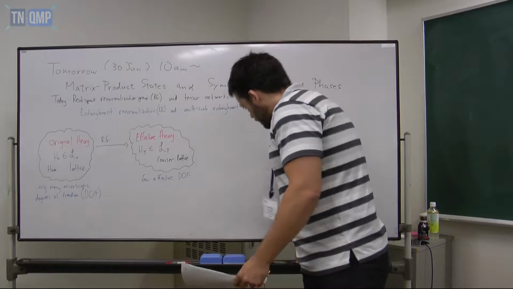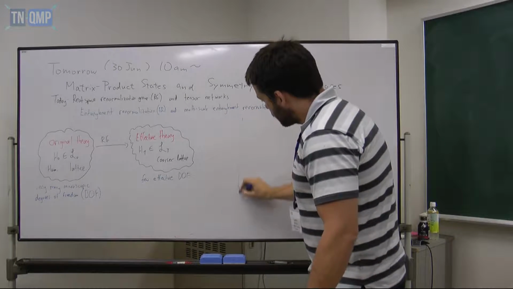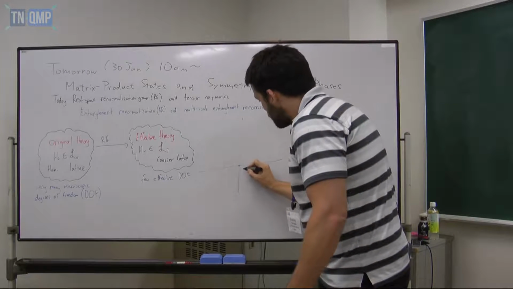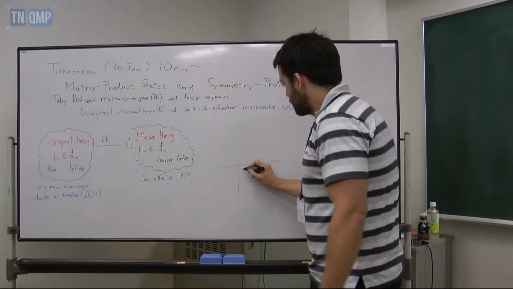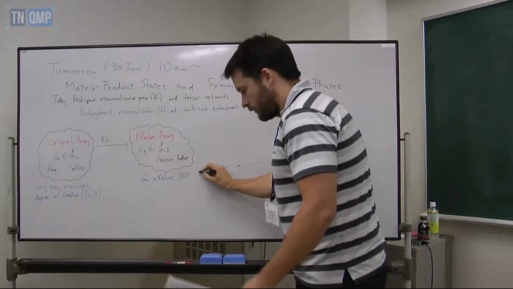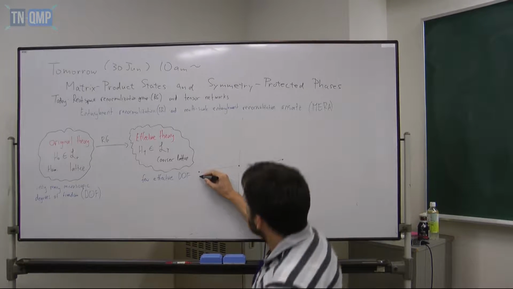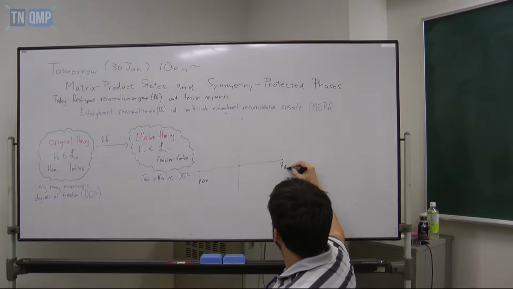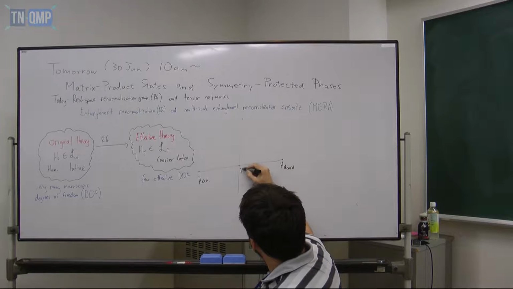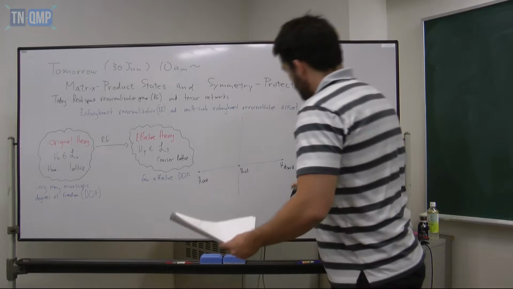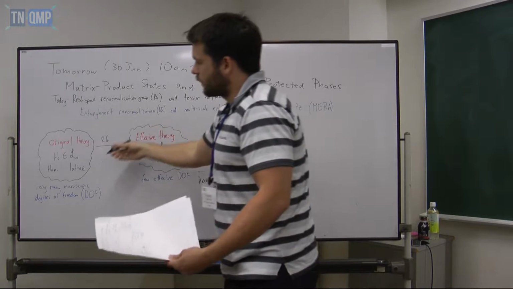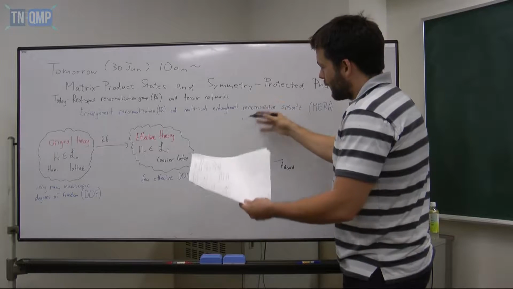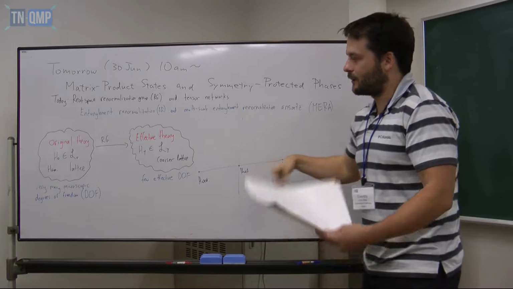How we do it, and you may have seen pictures like this, I'm going to have some fixed points. Let's just say H ord, H disord, and H critical. You can imagine this RG flow as generating a flow in some parameter space of Hamiltonians, maybe some couplings.